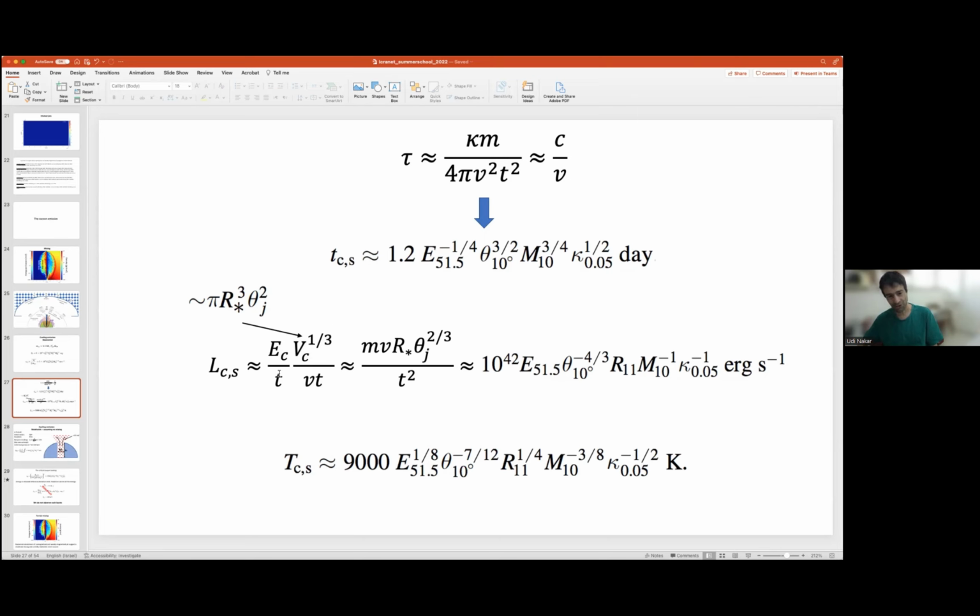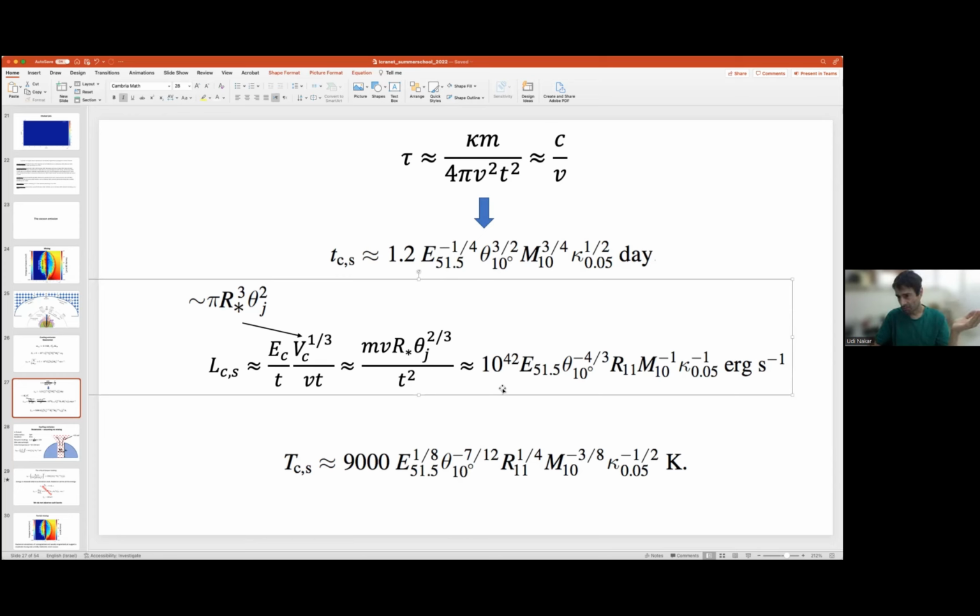This is the energy of the radiation, and dividing by the time, we get the luminosity. So we get a luminosity of about 10^42 ergs per second, which is roughly the luminosity of a supernova.